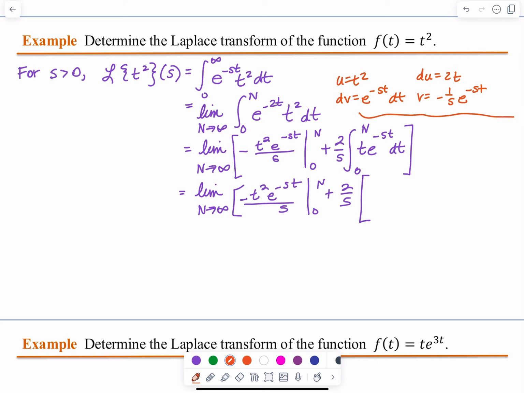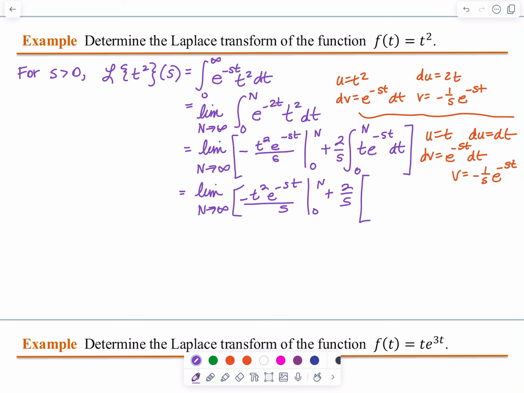And here we have u equals t, du is dt, dv is going to be e to the negative st dt. And here we have v is negative 1 over s e to the negative st.